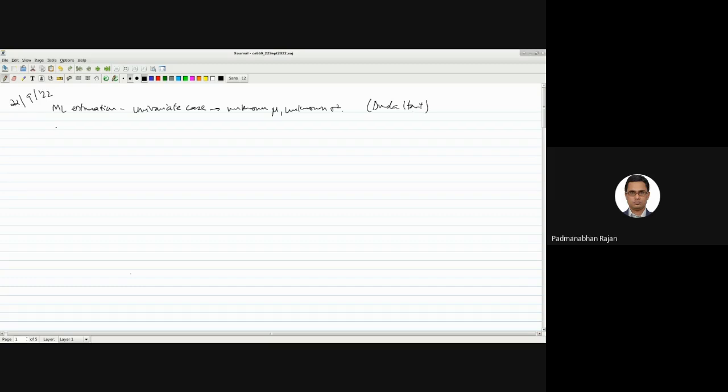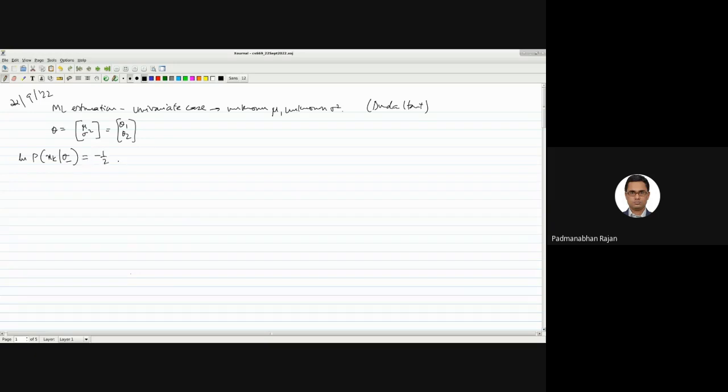Our parameter vector theta is now, in the univariate case, a mean and a variance which are unknown, which we will call theta1 and theta2. This is our parameter vector, and we are now going to compute the likelihood for a single point. These xk's are now scalars because it is a univariate Gaussian. This theta currently is unknown.